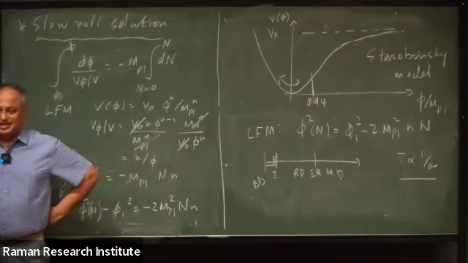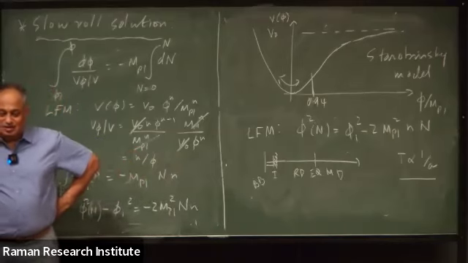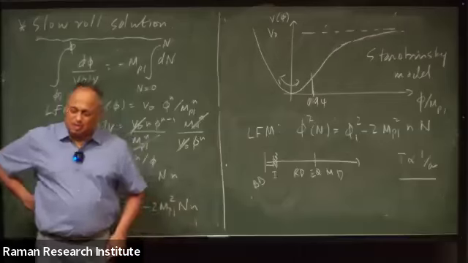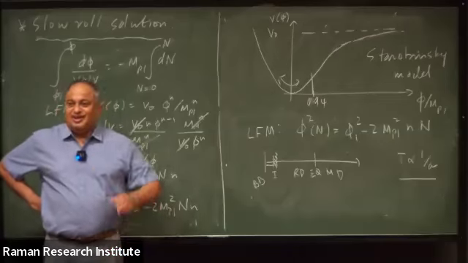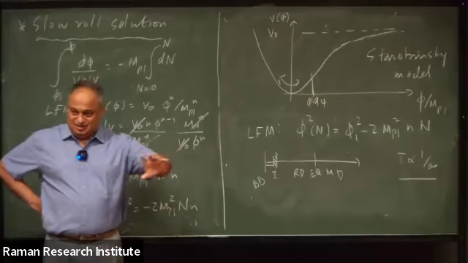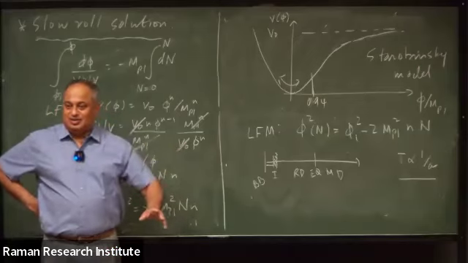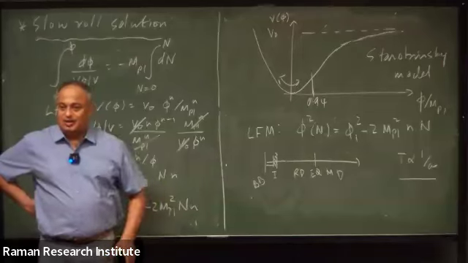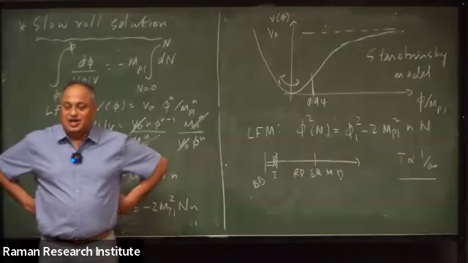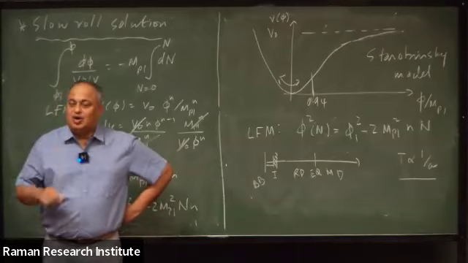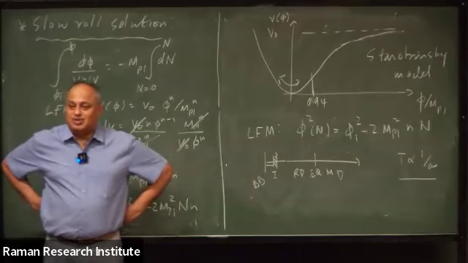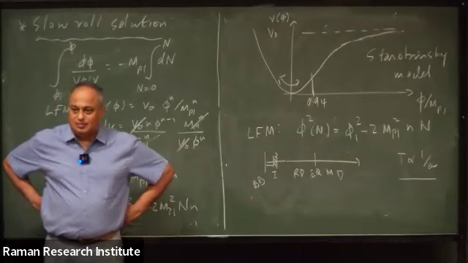If phi double dot is large, it will accelerate fast enough and inflation ends quickly. To make sure that inflation lasts for a sufficiently long time, we want phi double dot to be much smaller than 3H phi dot.